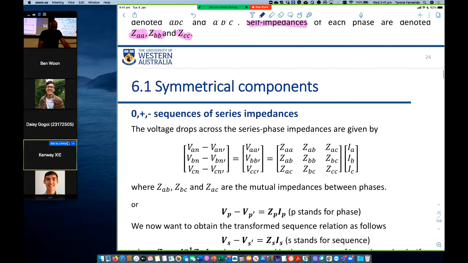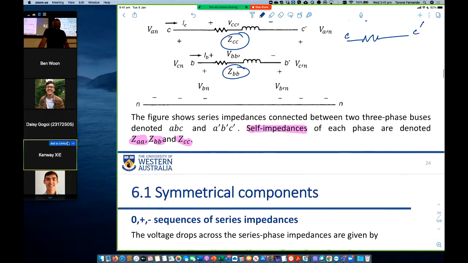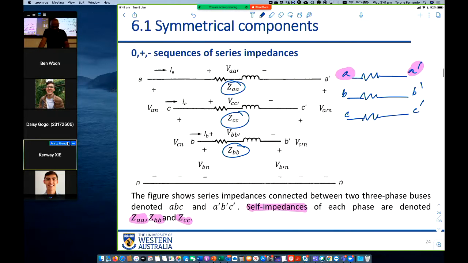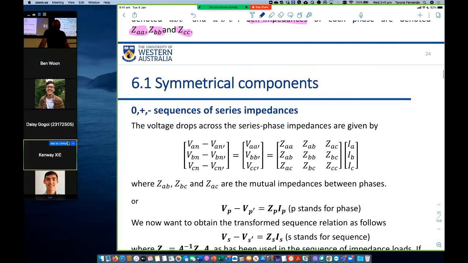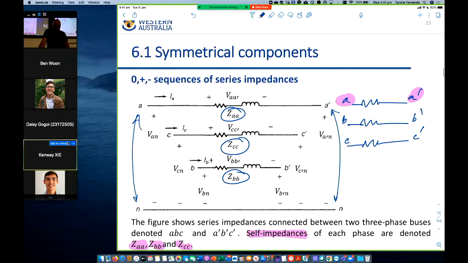So VAN minus VA'N, right? So VAN is the voltage between A and the neutral. A'N is this voltage here, A dash and N, right? So that is equal to VAA', the voltage between A and A dash, right?